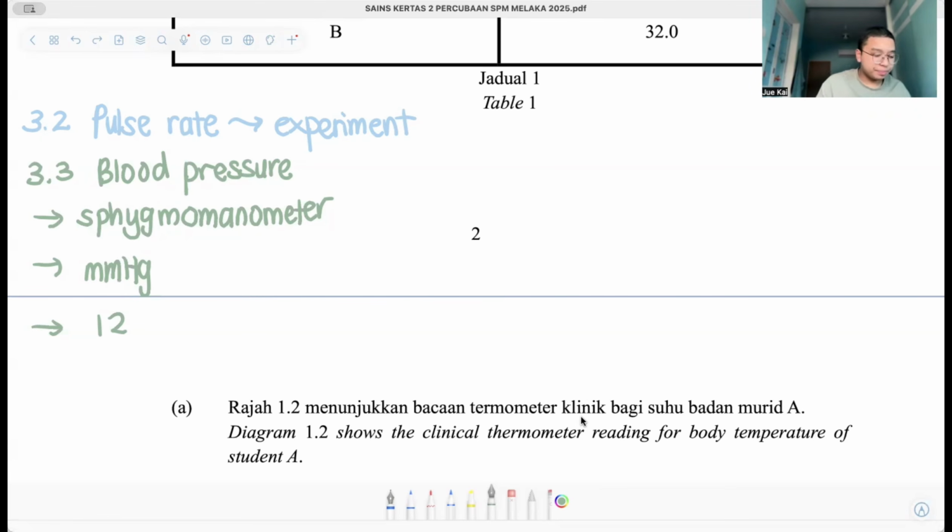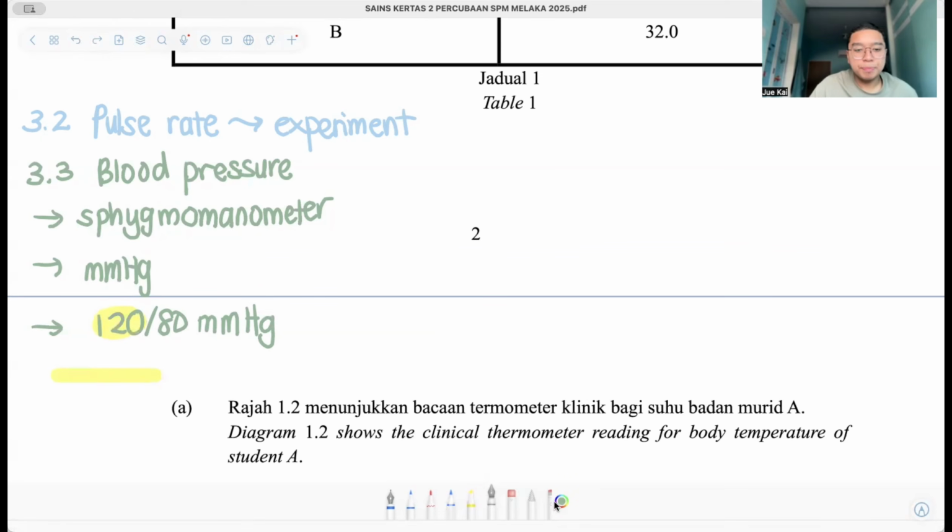Okay, so if I give you a random number like this, for this number, it will be systolic.